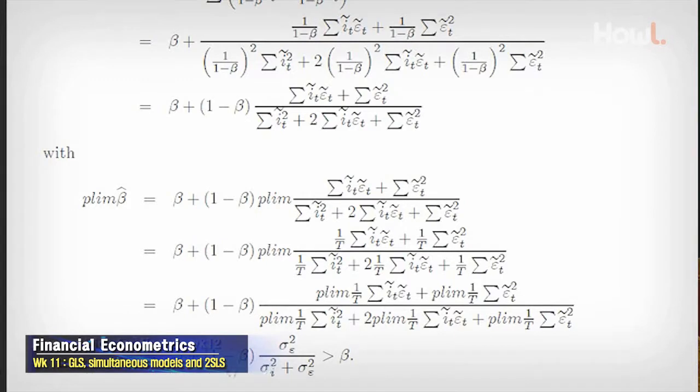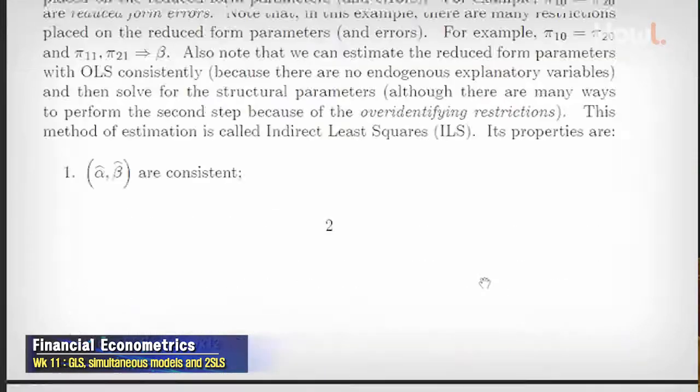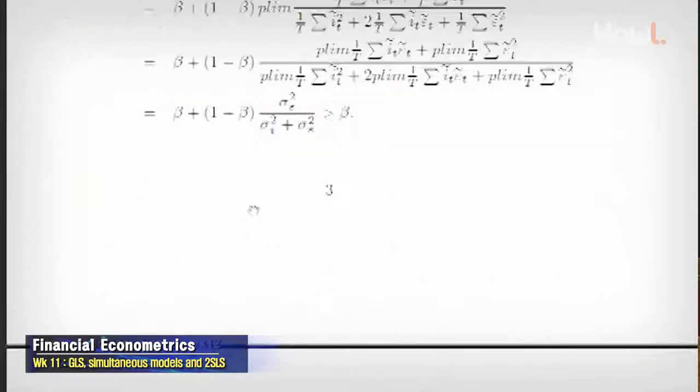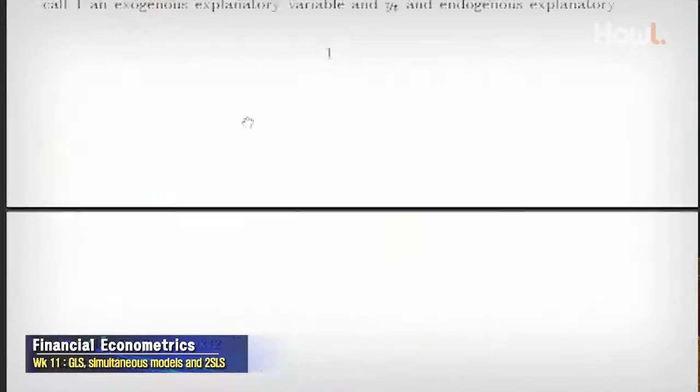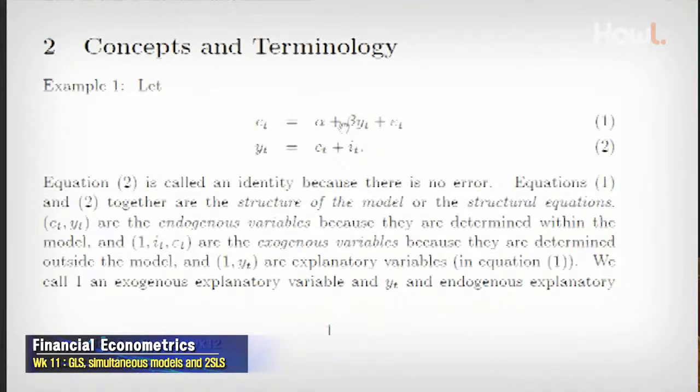So it means this one will be greater than beta, likely to be greater than beta. Of course, it doesn't always hold, it depends on the equation, but our intuition is that beta is between 0 and 1. Let's go to our structural regression. Beta is the sensitivity of our consumption to income, right? So our intuition says that beta should be between 0 and 1.